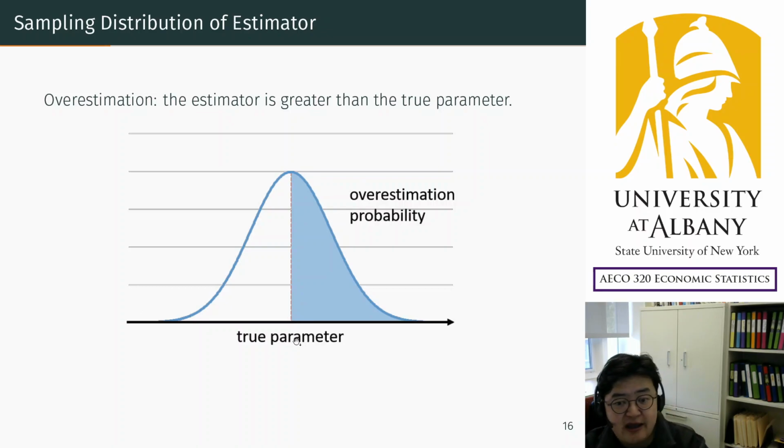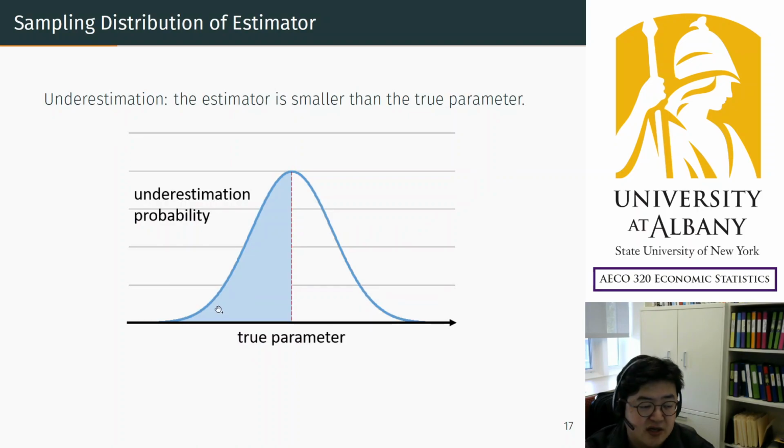If your estimator falls on the right side of the true parameter, you are overestimating. Say, for example, the true parameter is 100, but your estimator could be 200. That is overestimation. So this area represents the probability of overestimation, right? If your estimator falls onto this interval, you are overestimating the true parameter.